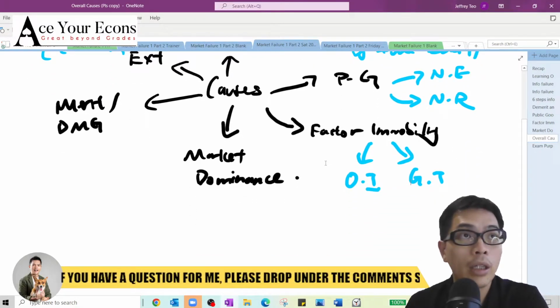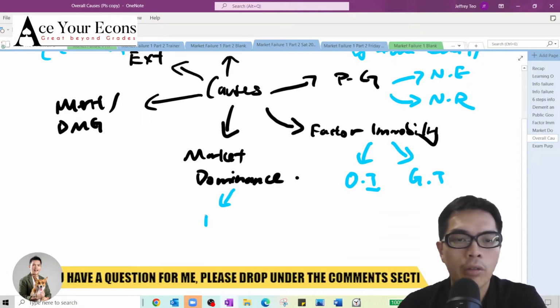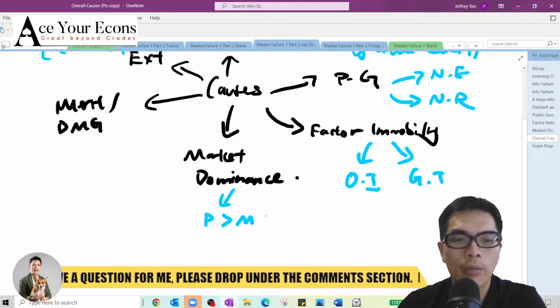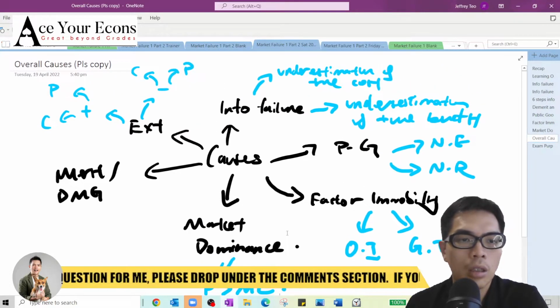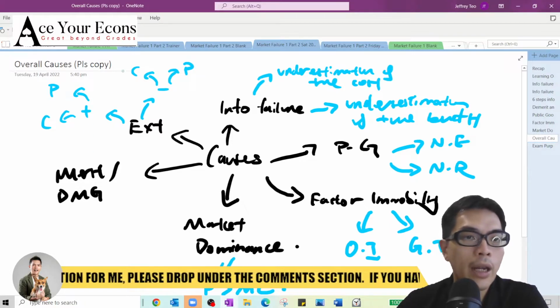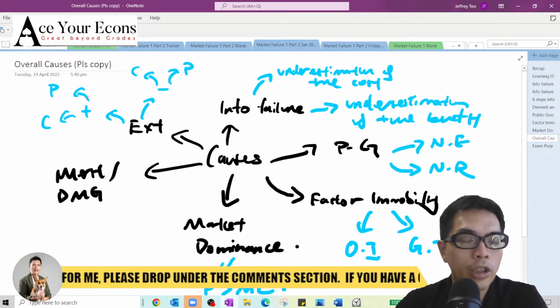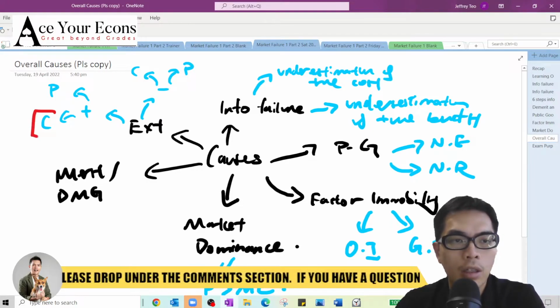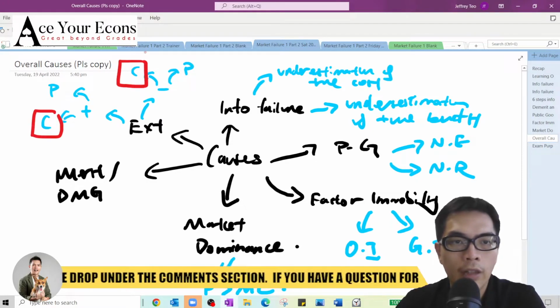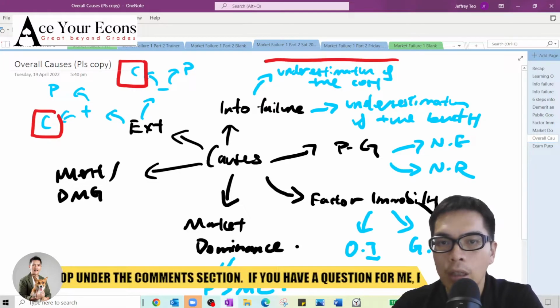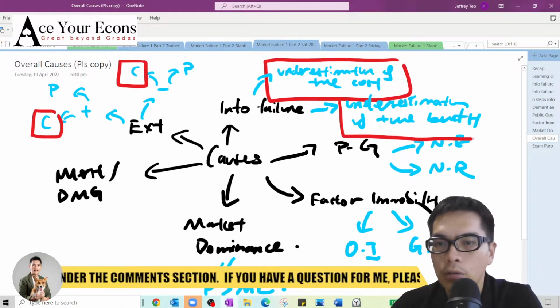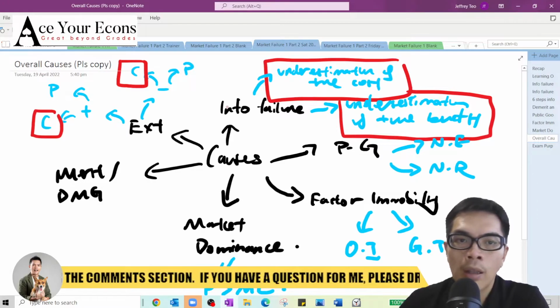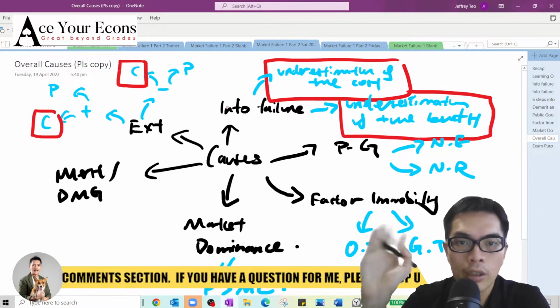Market dominance, we will cover that in the future, where P is greater than your MC. Merit and demerit good, we are looking at these two combination: a consumption-based positive and negative externalities combined with underestimation of true cost and true benefit. Like I've said, these two conditions must be present.